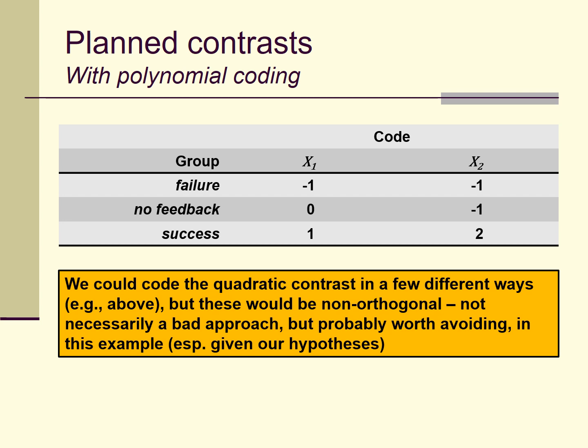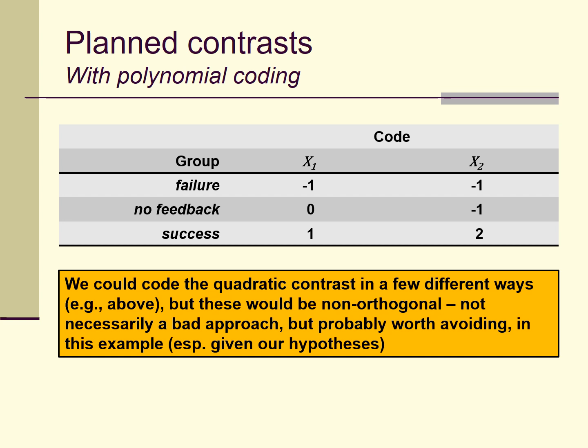One last point is we could make this quadratic trend in a couple different ways. For instance, we could make the prediction that the failure group and the no feedback group would have equivalently lower performances relative to the success group. That would imply a line with a bend or a kink in it. The trick here is that now that set of contrast codes is non-orthogonal.